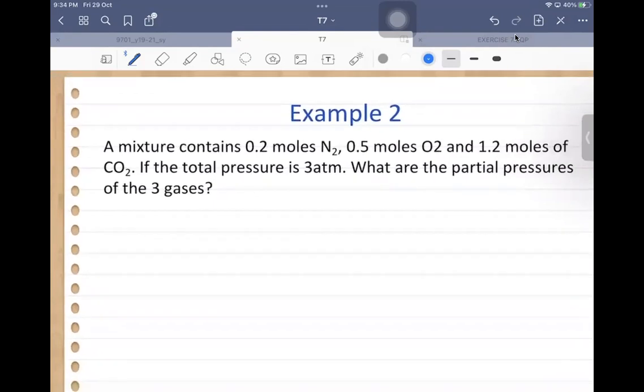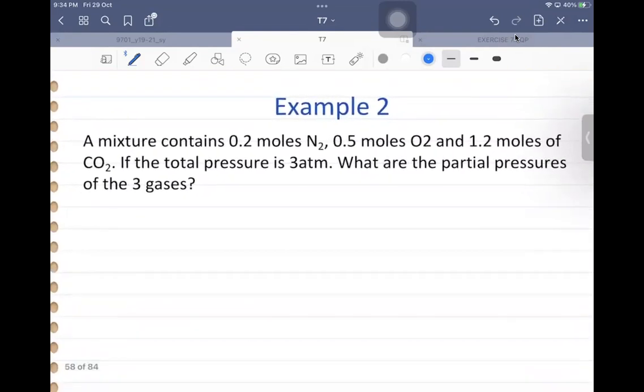Okay. Next example. A mixture contains 0.2 moles of nitrogen, 0.5 moles of oxygen, and 1.2 moles of carbon dioxide. If the total pressure is 3 atmosphere, what are the partial pressures of the three gases?